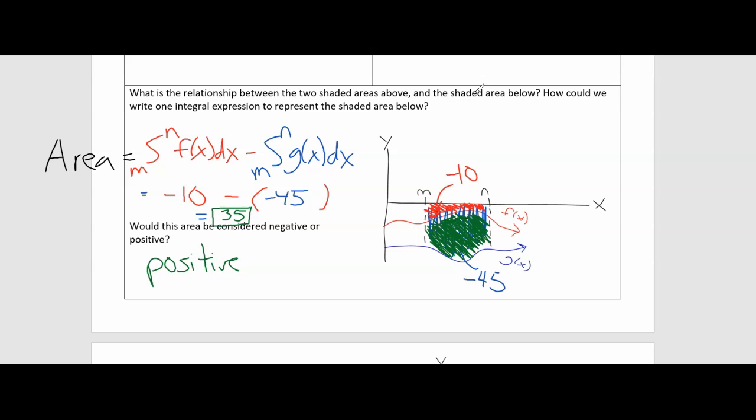Because this equation would always give us a positive area because we're subtracting a larger negative area than, in this case, what the top function would give us, what f of x is giving us. So hopefully it's clear to see why this integral equation would still work if our functions were below the x-axis.